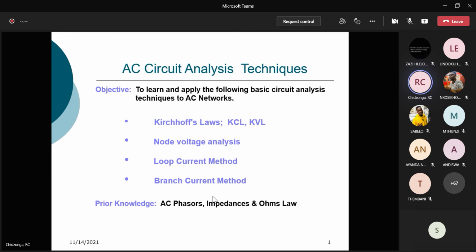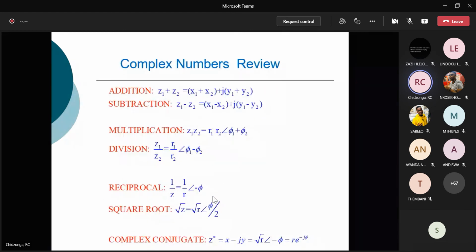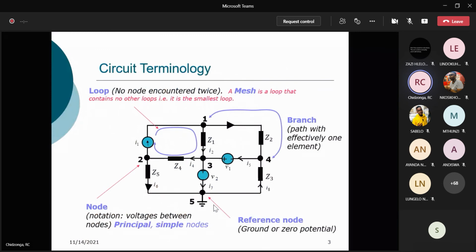Now, this is a revision of the work which everybody should know by now. If you're still having difficulty, go to Blackboard. There's a handout, a few pages that will explain to you. I think I put that same document on Teams to refresh your mind on complex analysis. Now, there is a basic network.